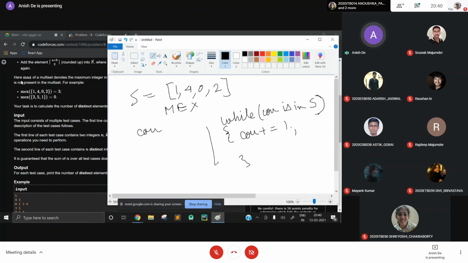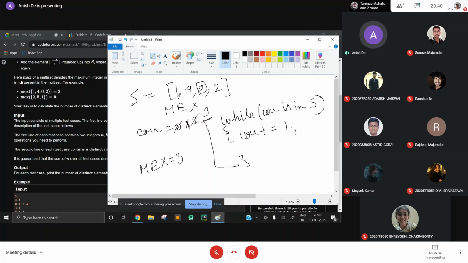This is how you calculate mex here. First the counter is 0. 0 is in the set, so we make it 1. 1 is also in the multiset, so we make it 2. 2 is also there, so we make it 3. Now 3 is not there. So the mex here remains 3.